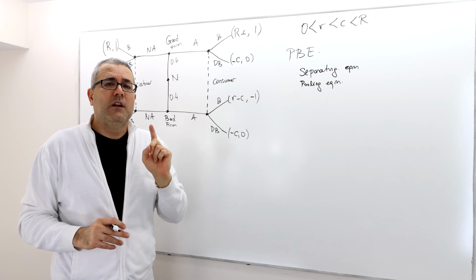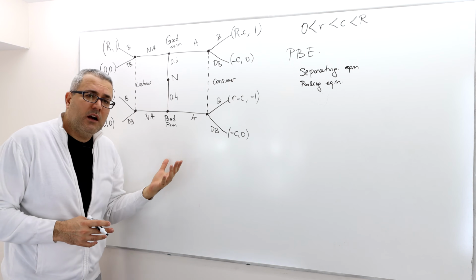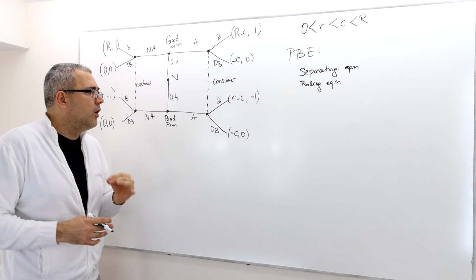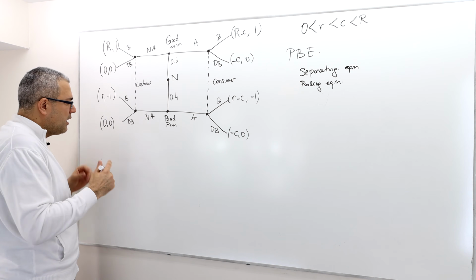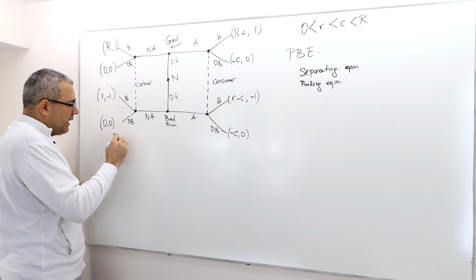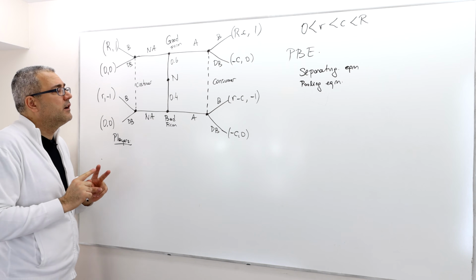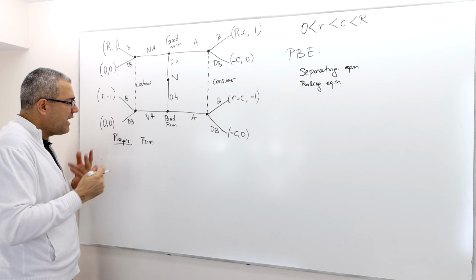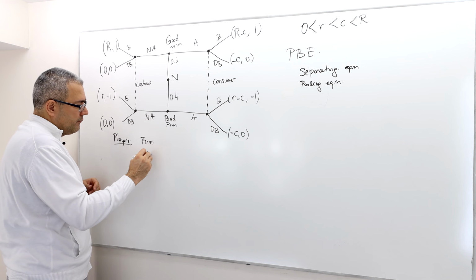But always, a good idea is to understand what the players are, what their types are, and what their strategies are. So always do that exercise before starting to solve the game. So who are the players in this game? There are two players. Nature is never a player. The first player is the firm, and the second player is the representative customer.